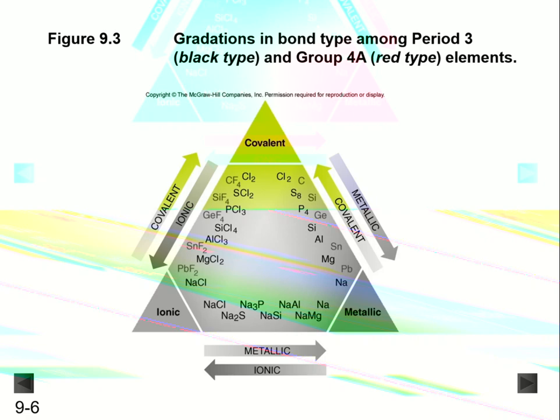Next, we have sodium interacting with sulfur to form sodium sulfide, which is an ionic compound. Next, we have sodium phosphide, and that's ionic. But in the solid state, it starts to show slightly metallic behavior. Next is sodium silicide. Then we get to sodium aluminum.